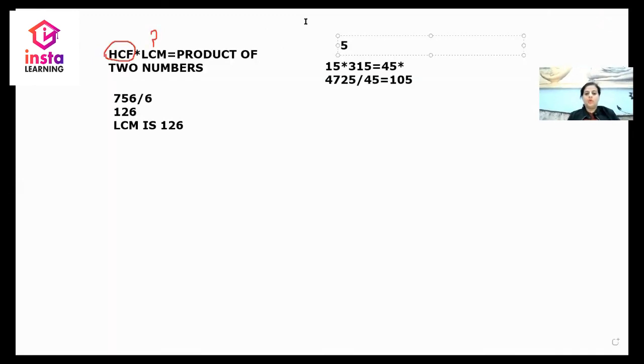So here, fifth point, we know HCF, we know LCM also. When we multiply them, and we know one number also, 45 is the number. So what will be the next number? The second number will be found when we divide the product. So 4725 is going to be divided by 45. So the other number is 105. 105 is the other number.